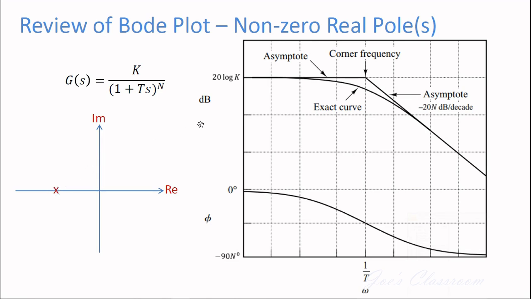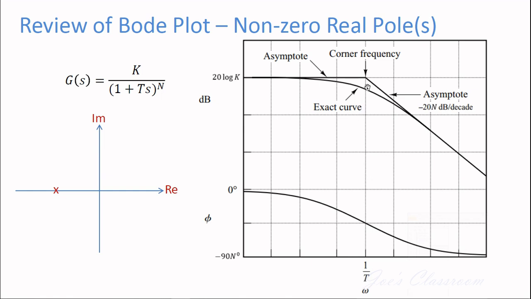For such transfer functions, the asymptotic Bode magnitude plot, not the exact Bode plot, will have two lines: one with 0 decibels per decade, valid up to the corner frequency, which is given by 1/T.